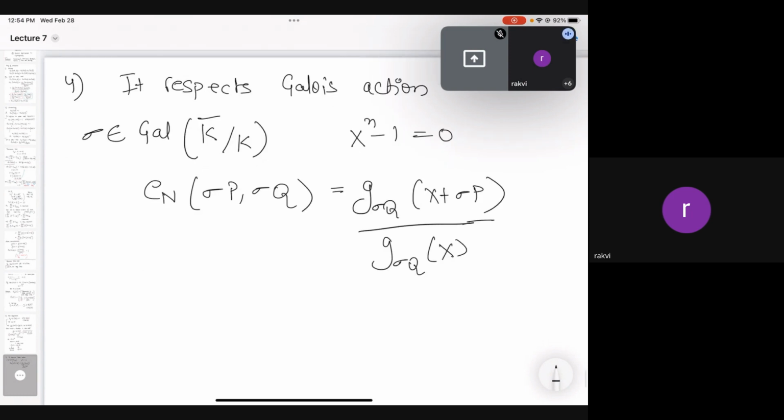Now, if I construct my function g with respect to sigma q, it's nothing but sigma acted on g_q.